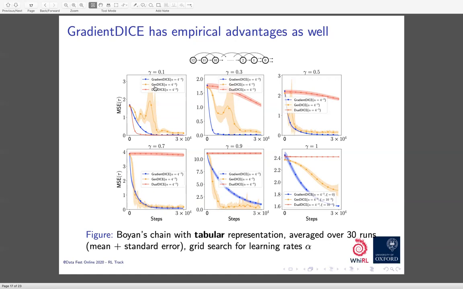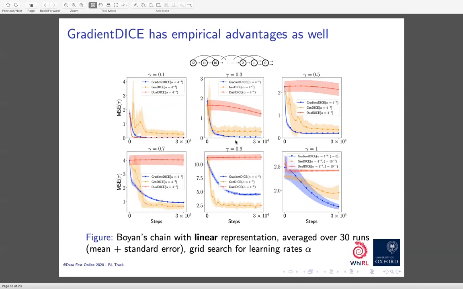GenDICE does work for large discount factors, but it's very unstable and it has large variance, as indicated by the yellow line. By contrast, our algorithm, GradientDICE, which is the blue line in the figures, consistently performs well for all the discount factors.